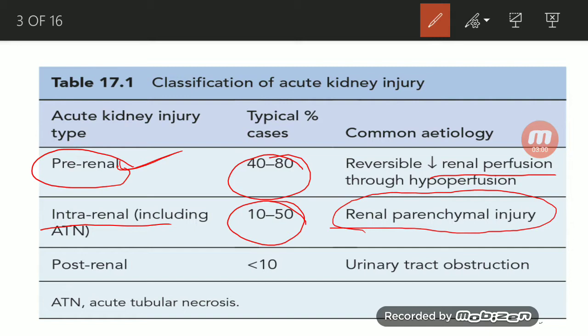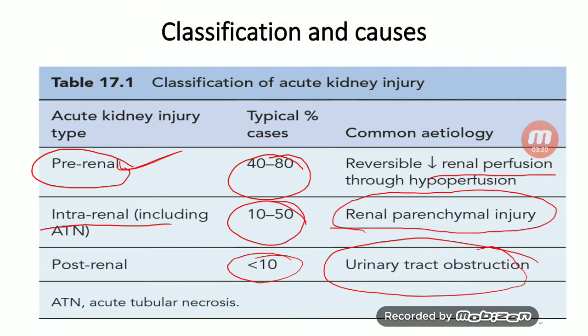Thirdly, there is post-renal, that is after your kidneys, and less than 10% of cases of acute renal failure are because of post-renal causes. The main cause is urinary tract obstruction. So there are three different types: pre-renal, intrarenal, and post-renal.